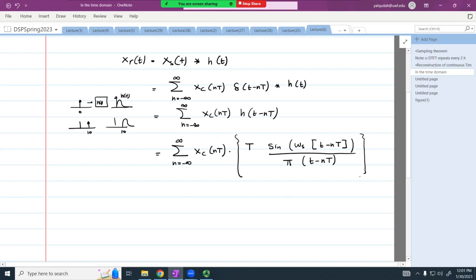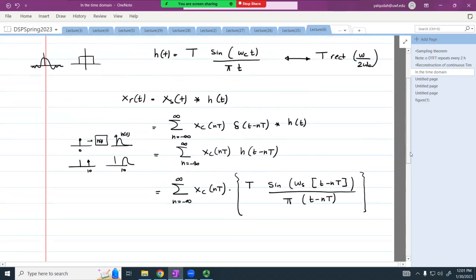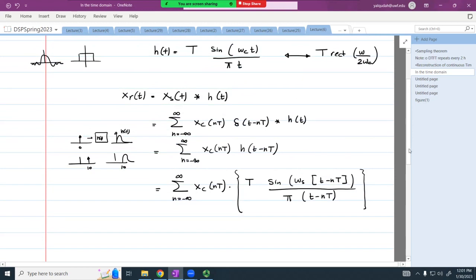Agree? This came directly from this. This is h of t. I need h of t minus nT, so I just substituted for it. And I should have omega cutoff, not omega c. Together?